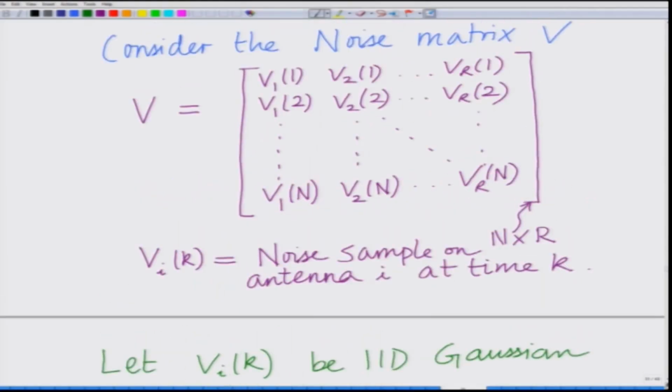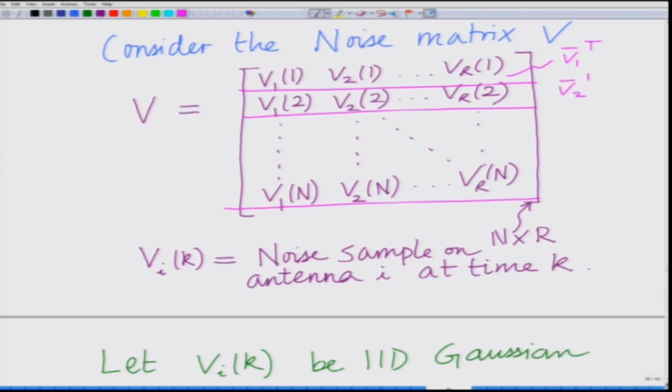Okay. And now again we can split this into rows. Each row corresponds to a different time instant. Therefore, we can denote this as V1 bar transpose, V2 bar transpose, up to V bar transpose of n.